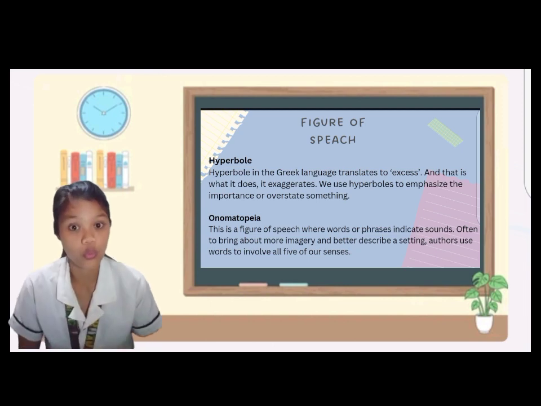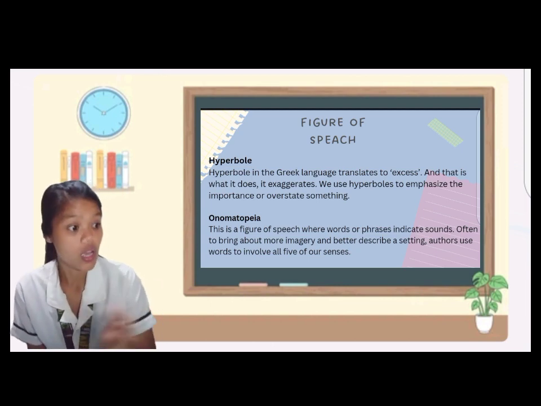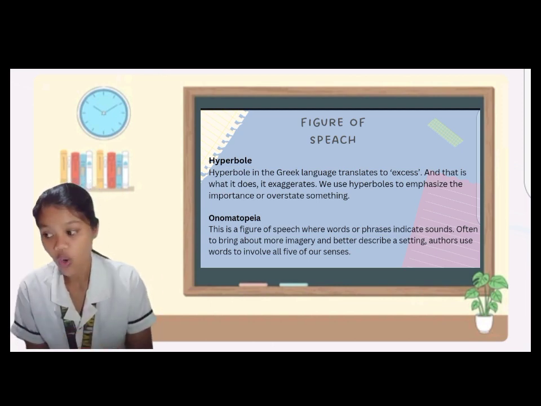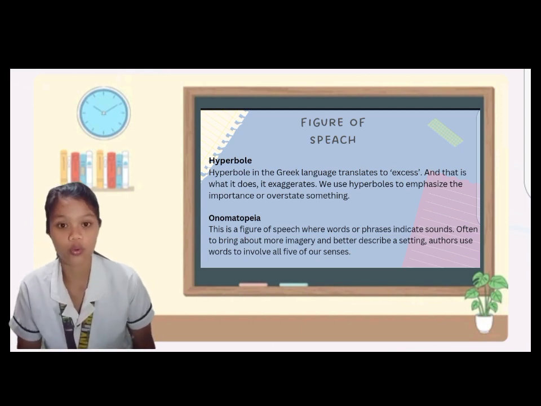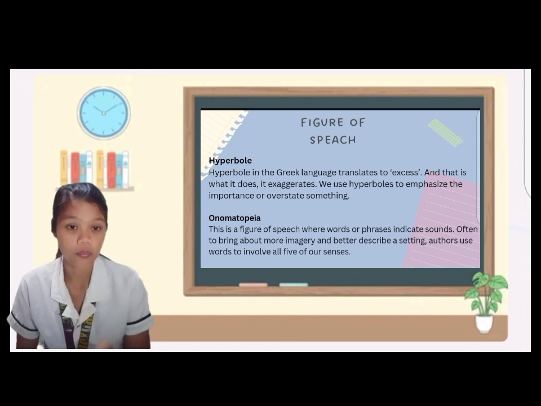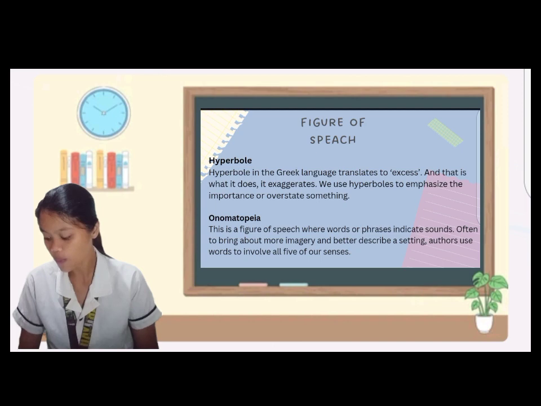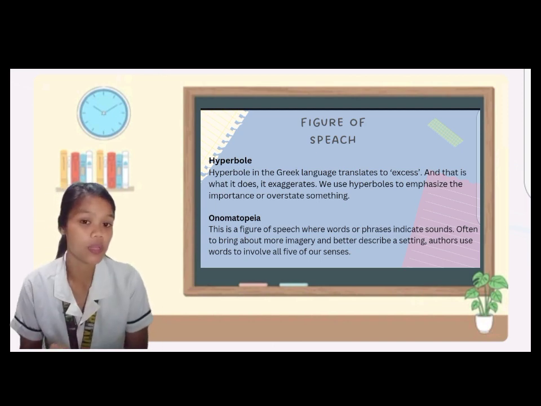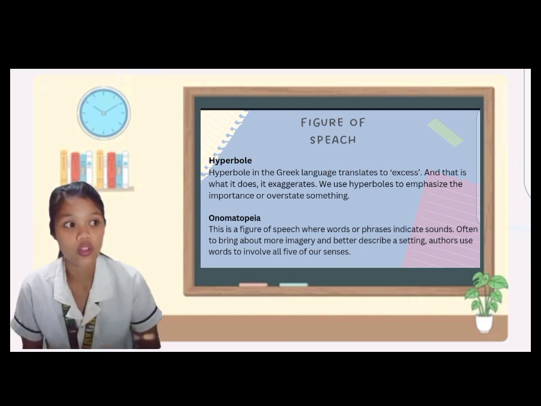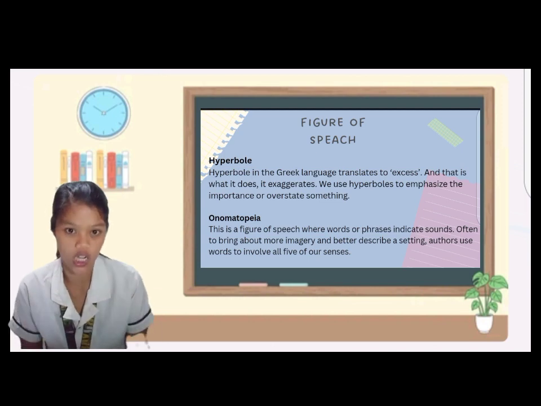Who is the person who is older than the hills? Because the hills are what God made first, before the human. Okay, so hyperbole is when you are explaining or describing something over.